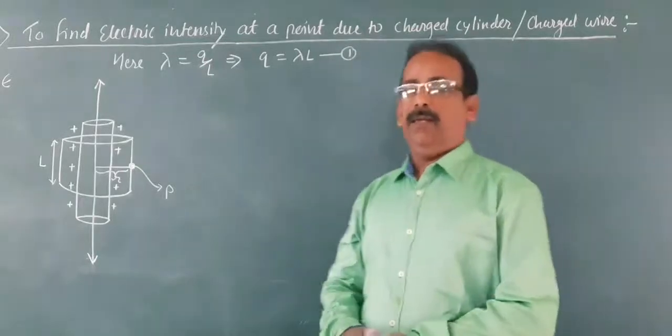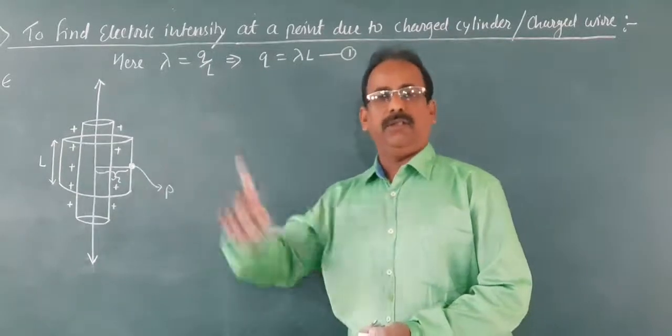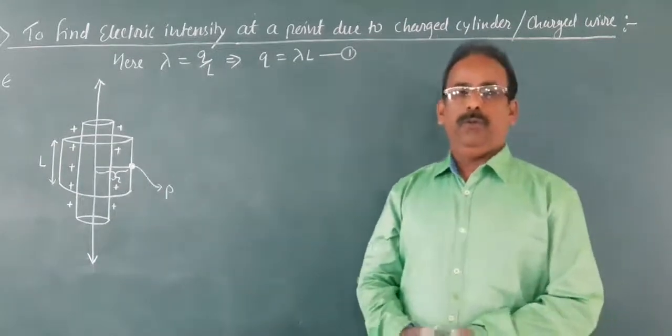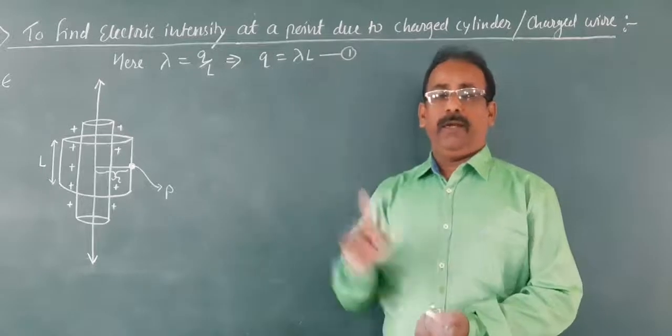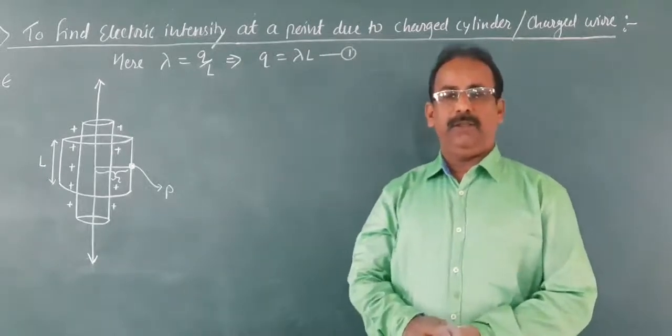Lambda times L. This is the charge enclosed by the Gaussian cylinder. This is equation 1.